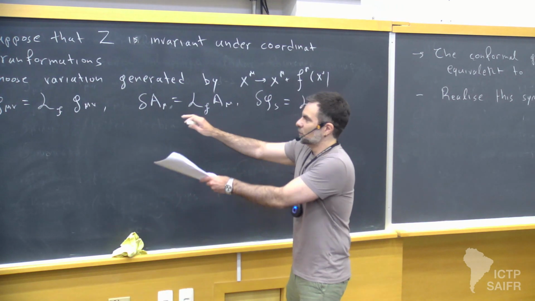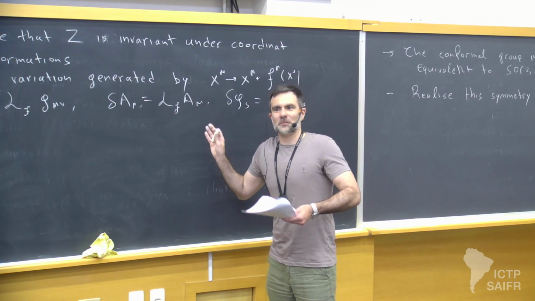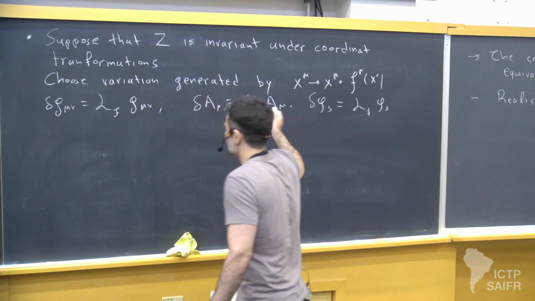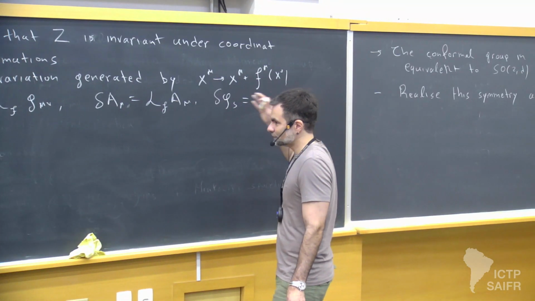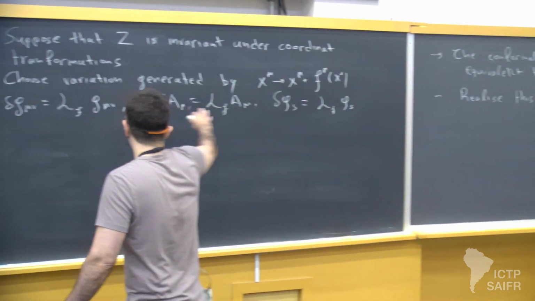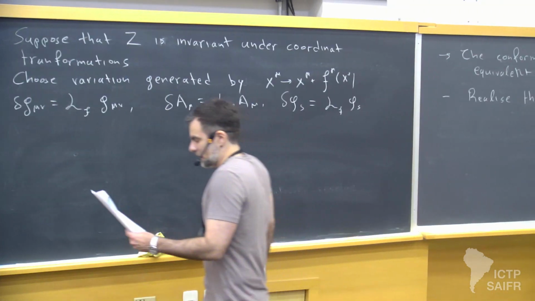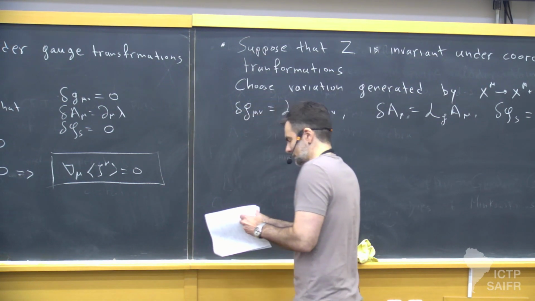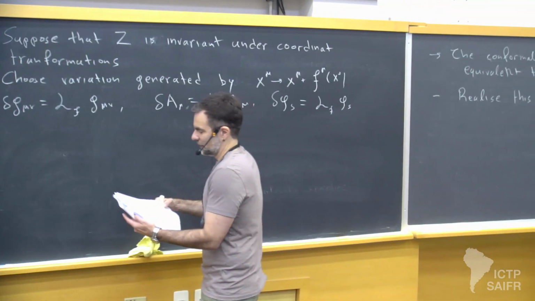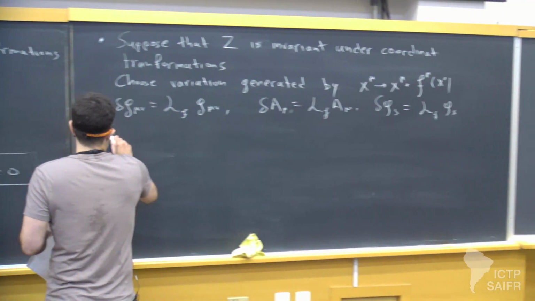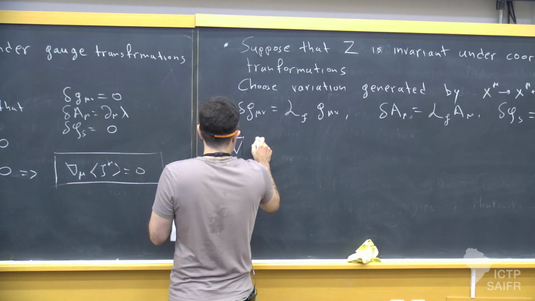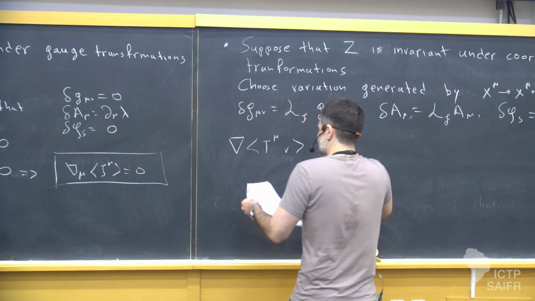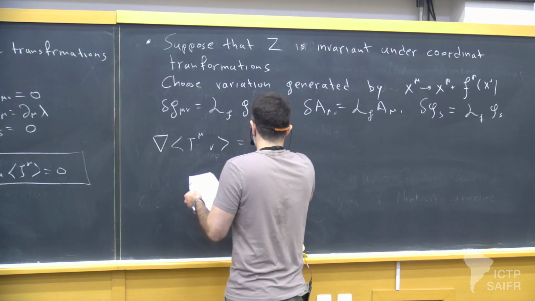Right. I'm not going to write what this is. There is an exercise problem for you. Okay? So if your partition function is invariant under such transformations, then you can show, and you will show it, I hope, that you have what is called a conservation of the stress tensor, although it's a Ward identity for the stress tensor.